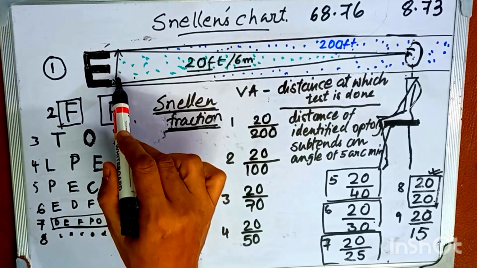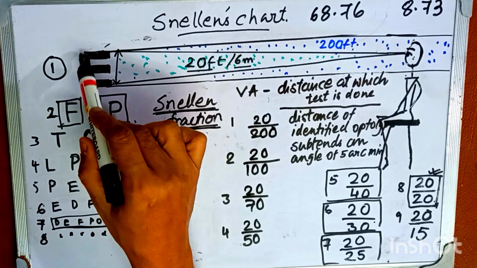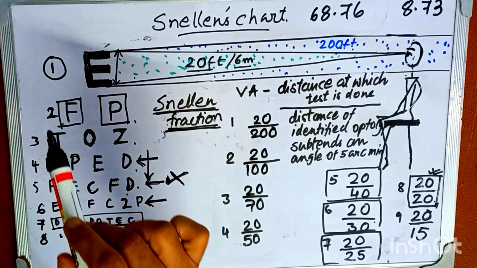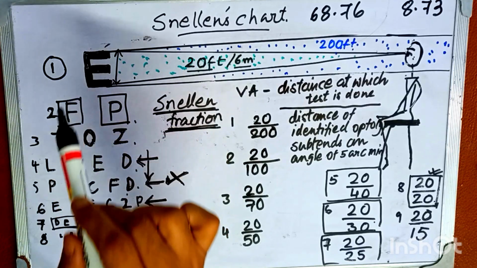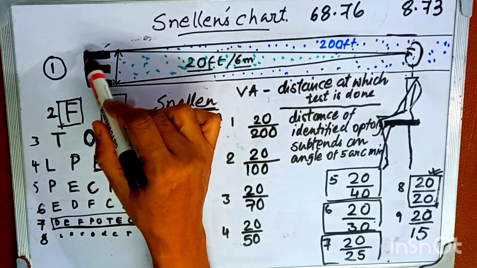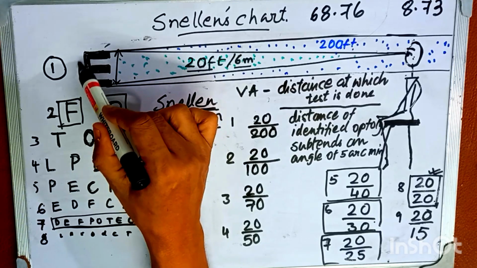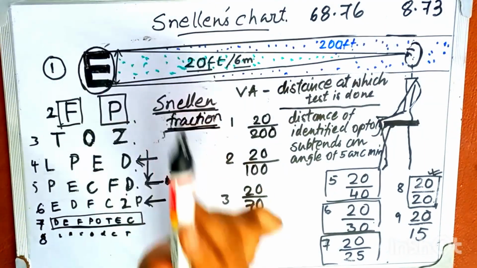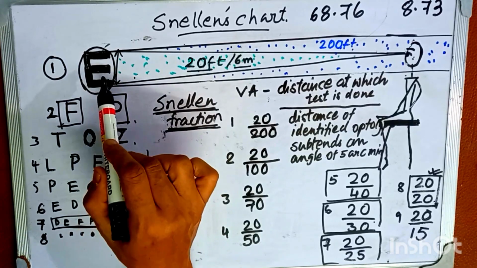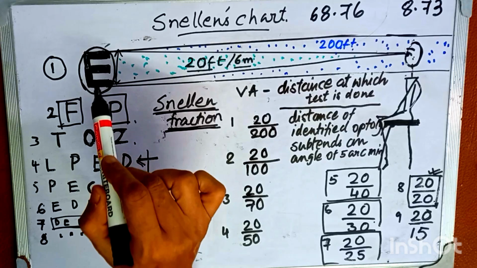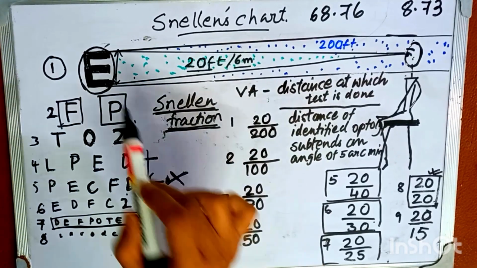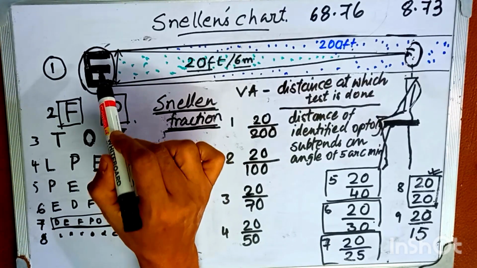Because the size of each of these optotypes is made in such a way that each is a particular distance optotype. That means if E is a 60 meter distance optotype, a normal person can read E from 60 meters.